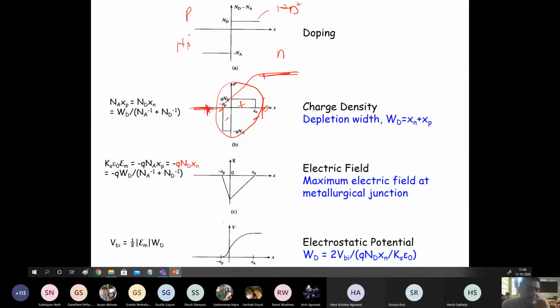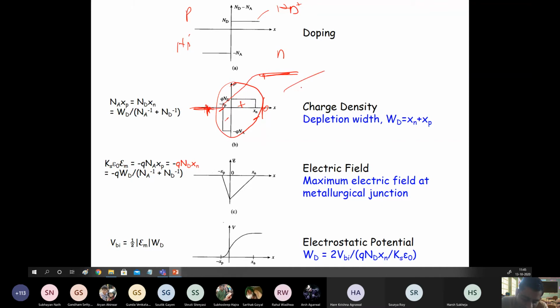It is also evident that electrons are going from the right, holes are coming from the left, and they are recombining. One electron will recombine with one hole only, so the number of electrons and holes that recombine should be equal. Therefore the fixed charge, positive and negative, should be equal.